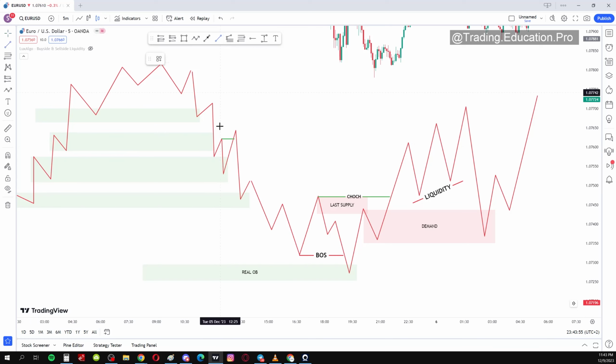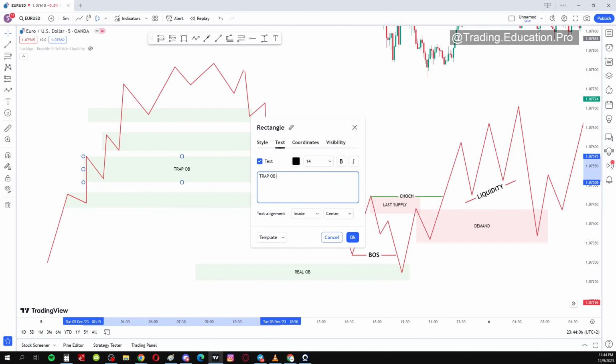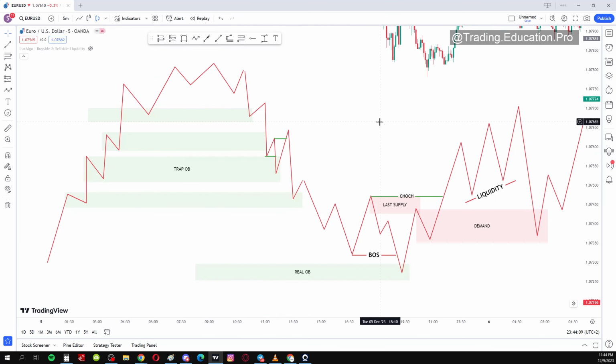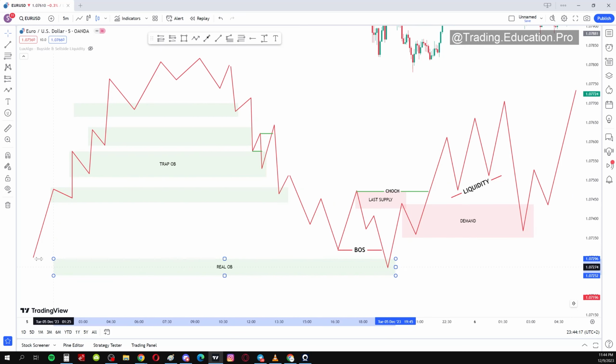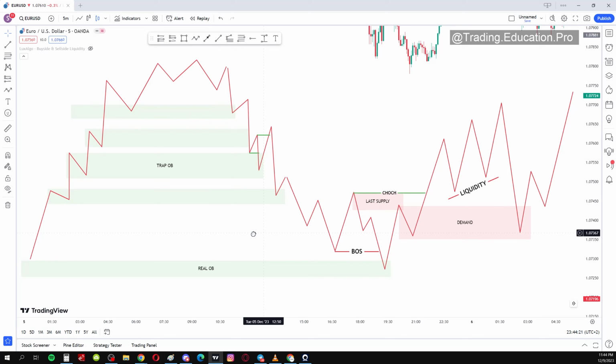So you have a stop hunt here, you have a change of character, but it will still go down. So this will be like a trap OB. We can call it a trap, but it's really just a useless OB. And somewhere there will be the real OB, and this is when the change of character will work.